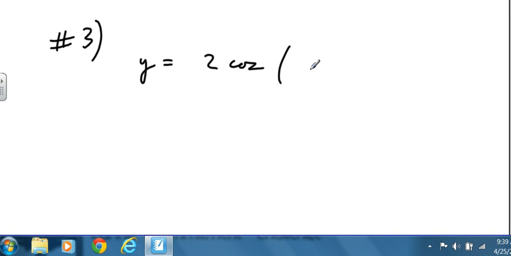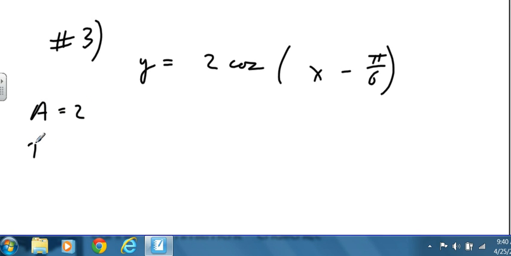So we're looking at number 3 in 12-2, and we see that y is equal to 2 cosine of x minus pi over 6. And we find the amplitude, the period, the phase shift, and we want to sketch it. Alright, so the amplitude is 2.